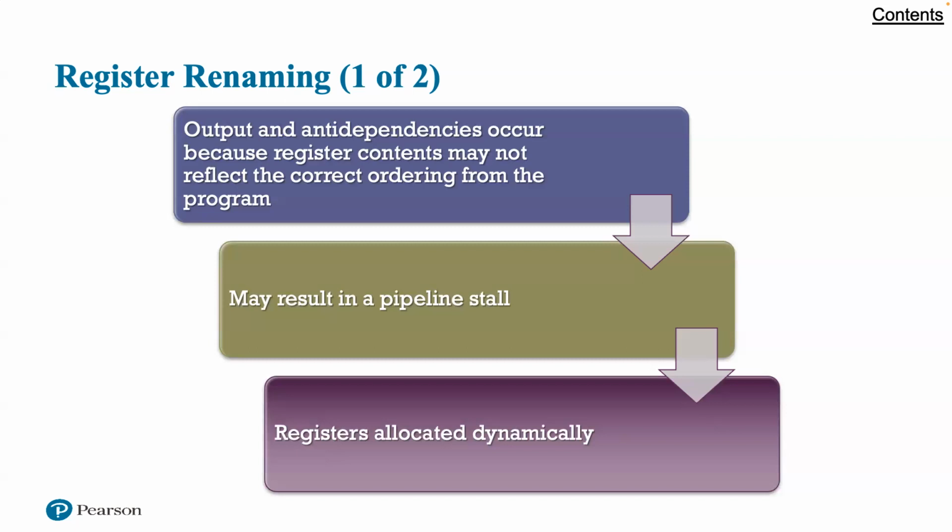Anti-dependencies and output dependencies are both examples of storage conflicts. Multiple instructions are competing for the use of the same resource locations, generating pipeline constraints that retard performance.